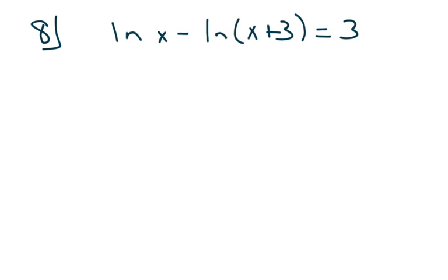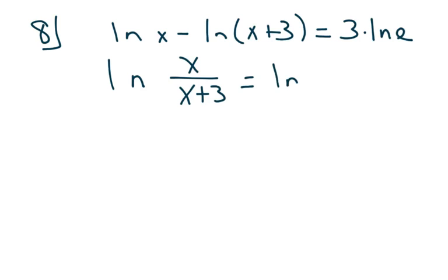So we have 8, and we have ln of x minus ln of (x plus 3) equals 3. I'm going to multiply this by 1 and condense. So I have ln of x over x plus 3 equals ln of e cubed. Use my power property. Cross out my ln's.